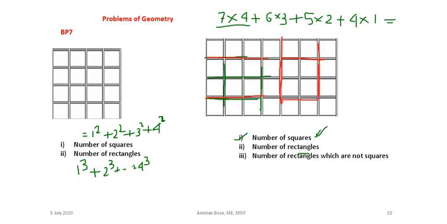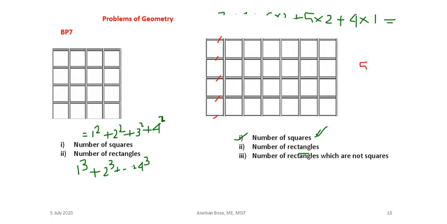So if we choose any pair of horizontal lines and a pair of vertical lines, we will form a rectangle. Then how many ways can we do that? It is simple. How many horizontal lines are there? 1, 2, 3, 4, 5. There are 5 horizontal lines.